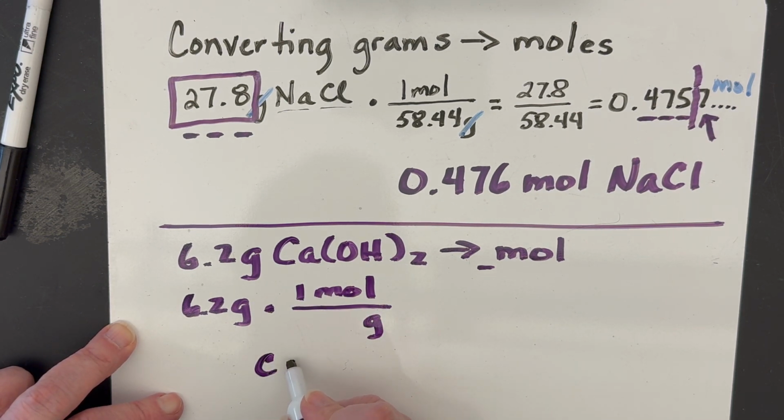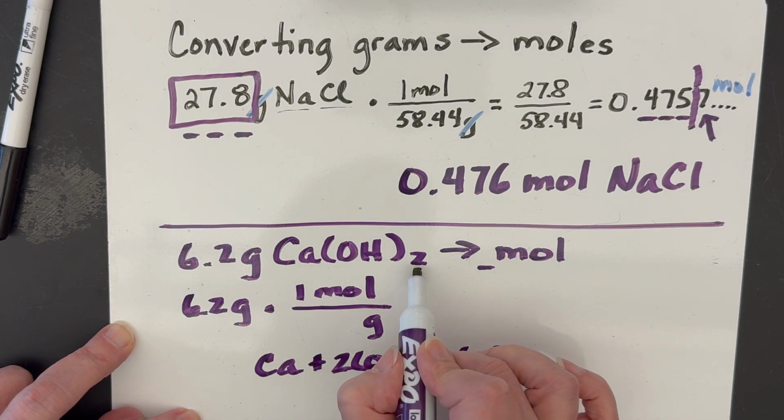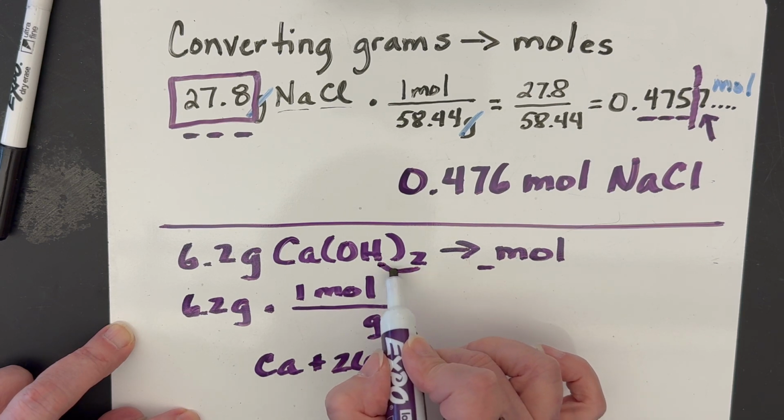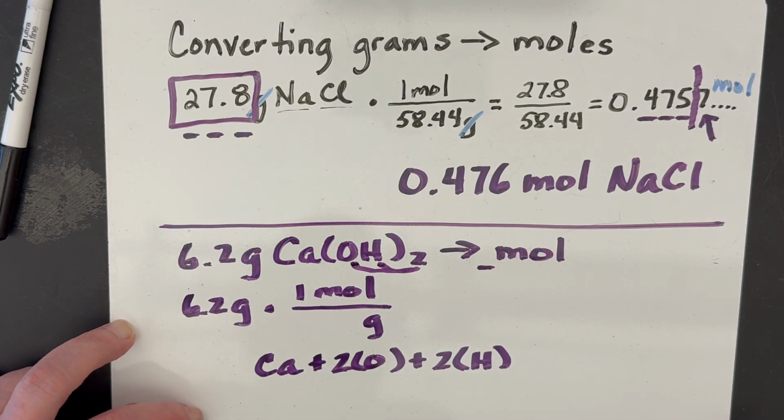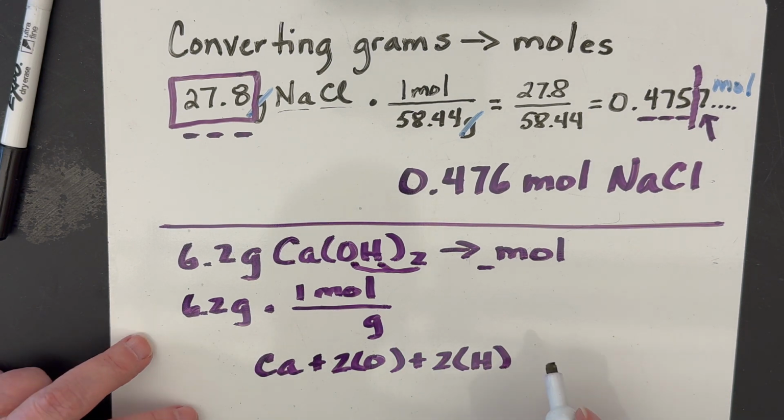So we need a Ca, we need 2 O's, and we need 2 H's. Remember that this number outside the parentheses distributes into both elements inside the parentheses.